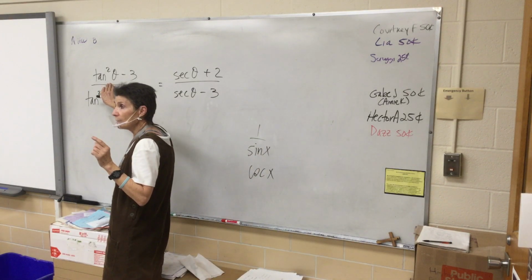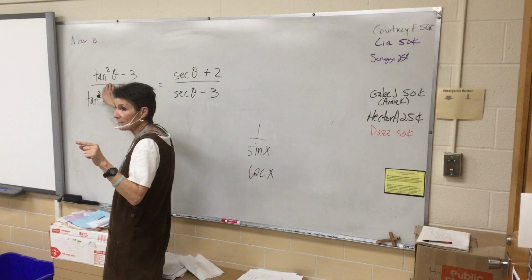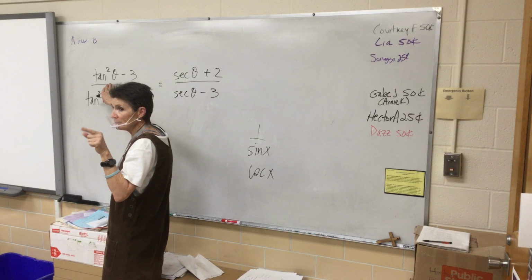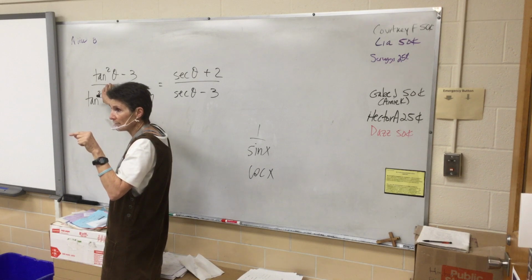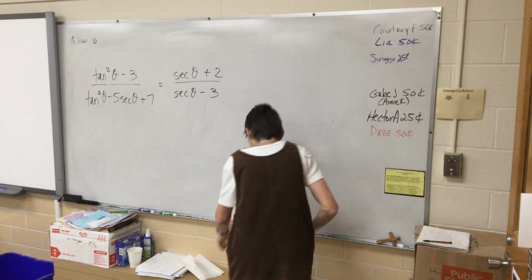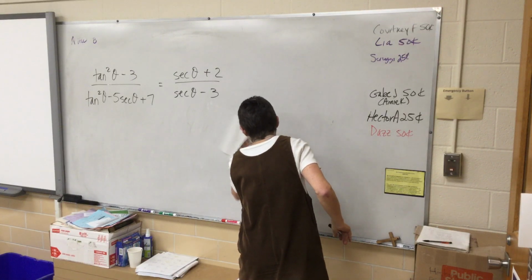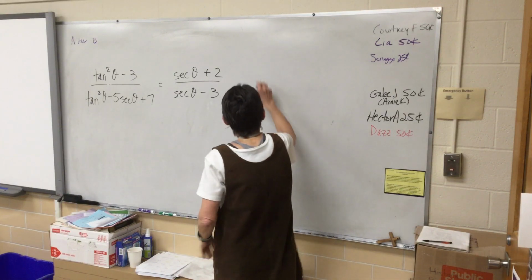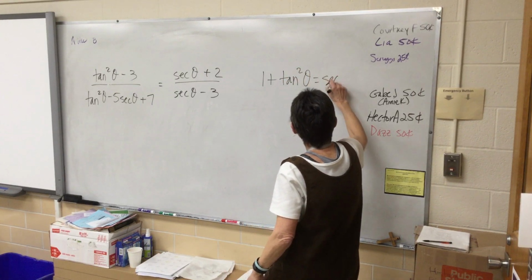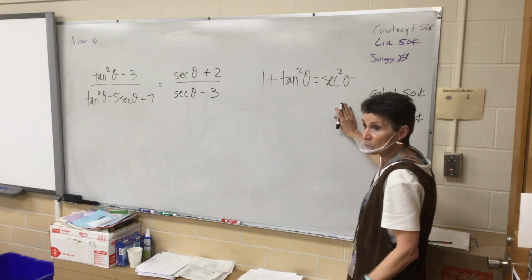What do you know about tangent squared? Do you have an identity that involves tangent squared? Yeah. You do. And in fact, I'll write it over here to the side, that identity links tangent squareds and secant squareds, right? So that's like perfect.